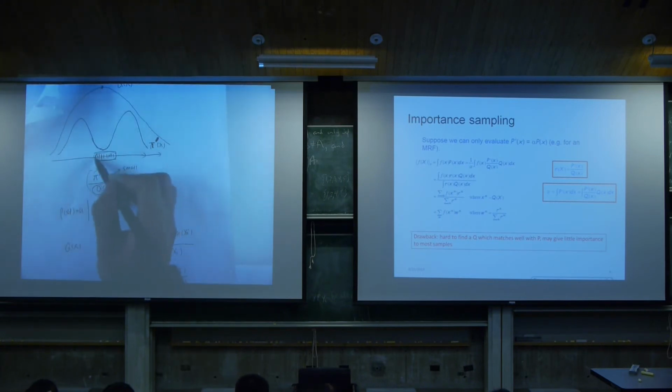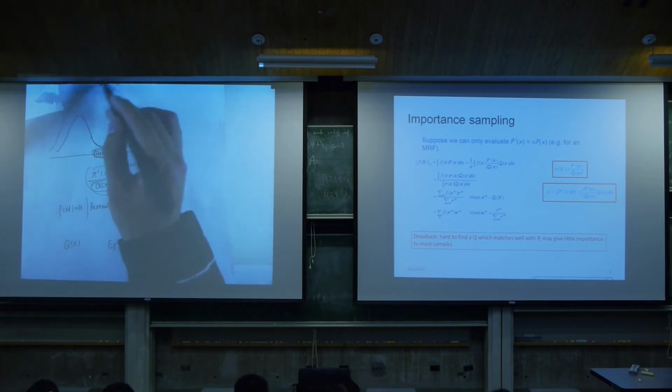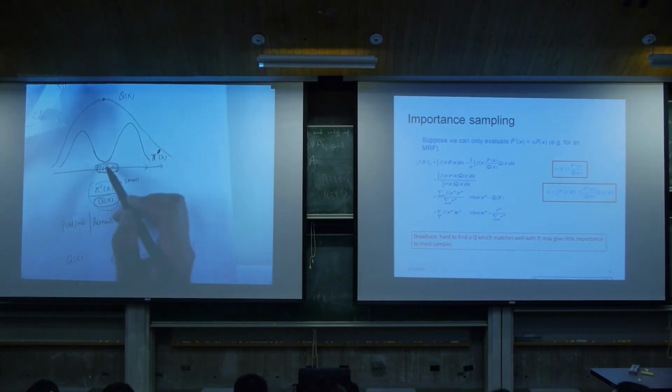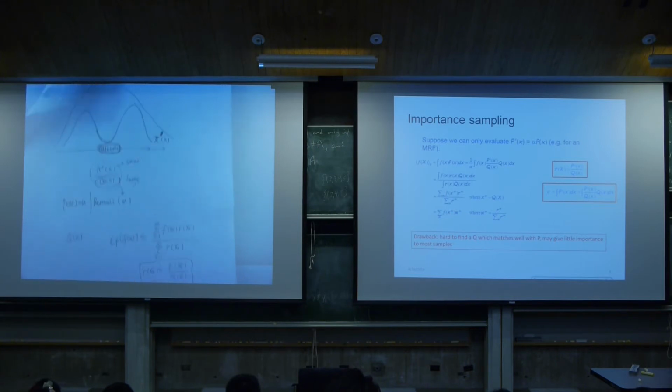So in this region, the value of q(x) is really big, but the value of p(x) is really small. So look at this r(x) here. p(x) is small and q(x) is large, so r(x) is very small.